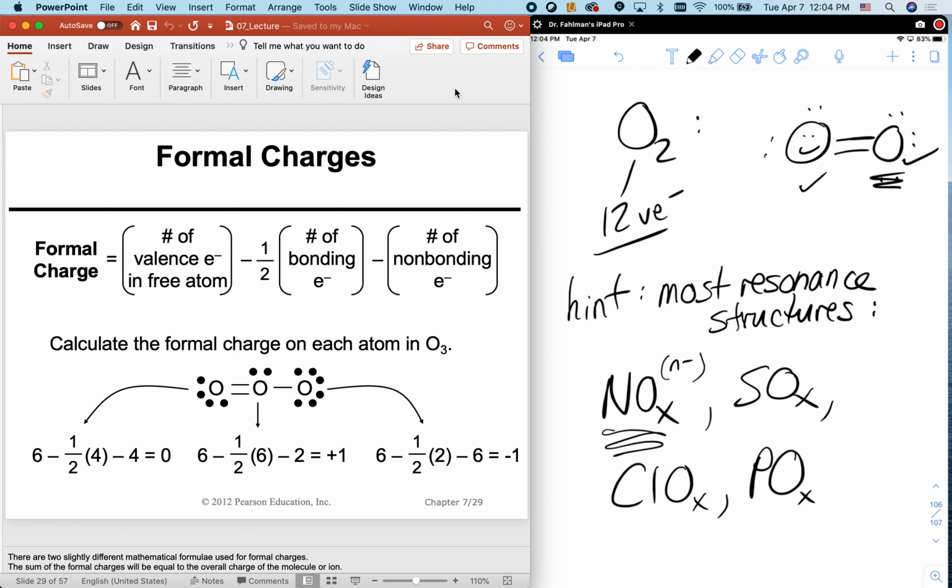Okay, so a lot of these atoms bonded to oxygens, chances are they will have resonance structures.